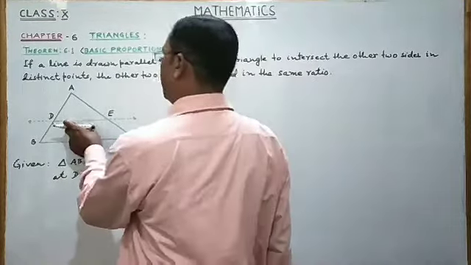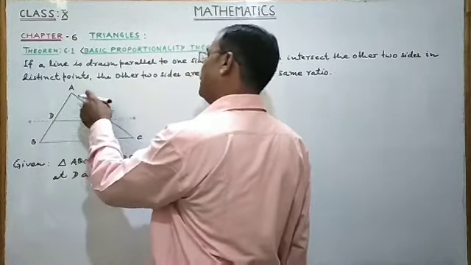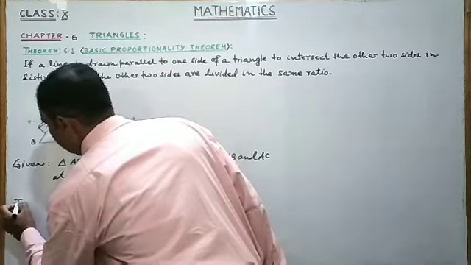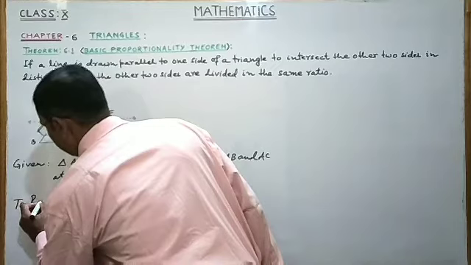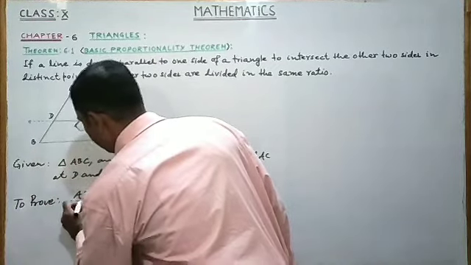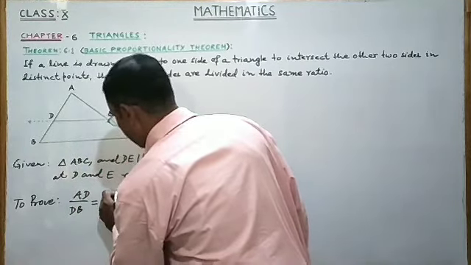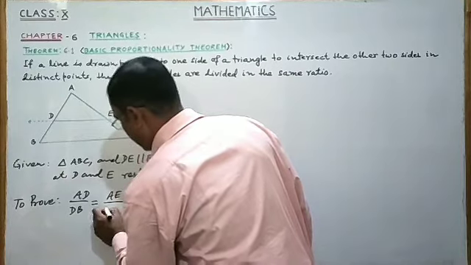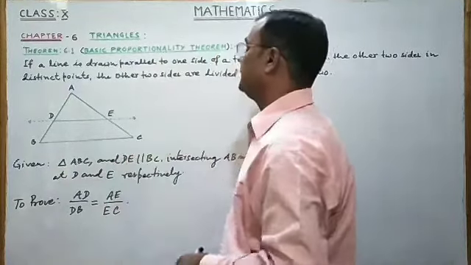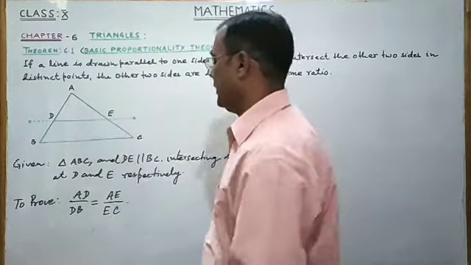We have to prove that AD by DB equal to AE by EC. To prove this result, we need to do some construction here in this figure.